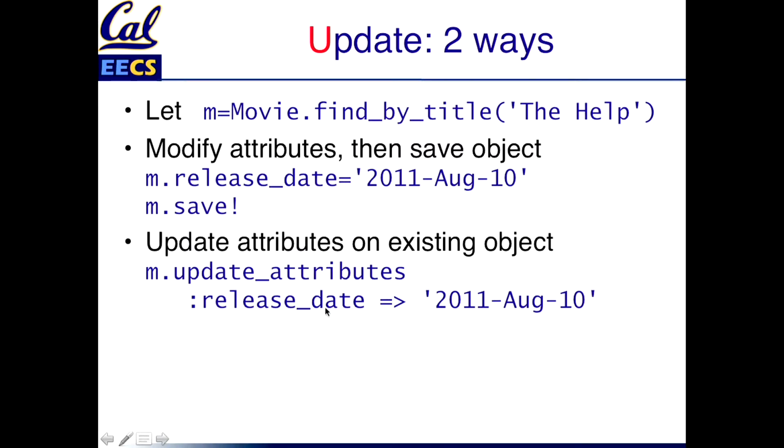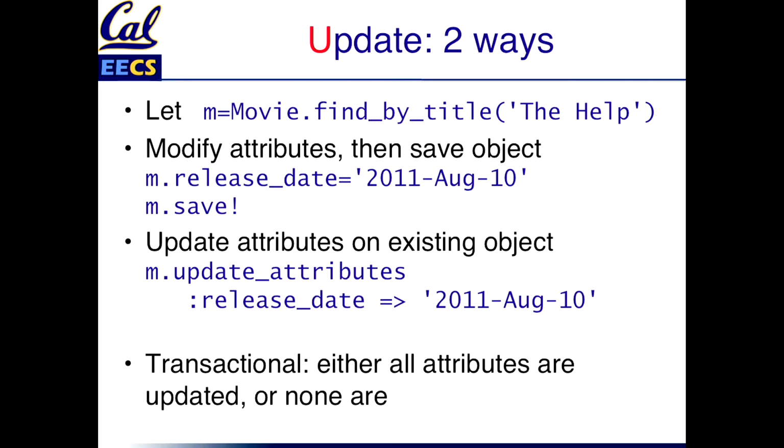So just because we've changed the release date in our in-memory copy, to update the database's copy, we have to explicitly save the object out again. We could also use a call, update attributes, that lets you pass a hash of attributes and their new values, and it operates atomically. So if you try to update a bunch of attributes at once, either they all get updated correctly or none of them do. So you could think of it as being transactional in that way.